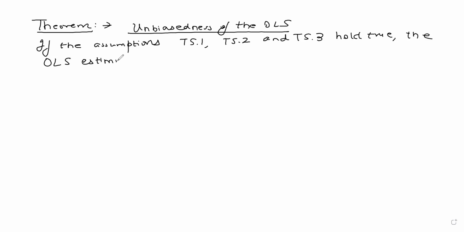we have done the OLS procedure in our simple linear regression model, the ordinary least squares procedure. The OLS estimators are unbiased, conditional on the vector capital X, where capital X includes all possible explanatory variables across all possible time periods.